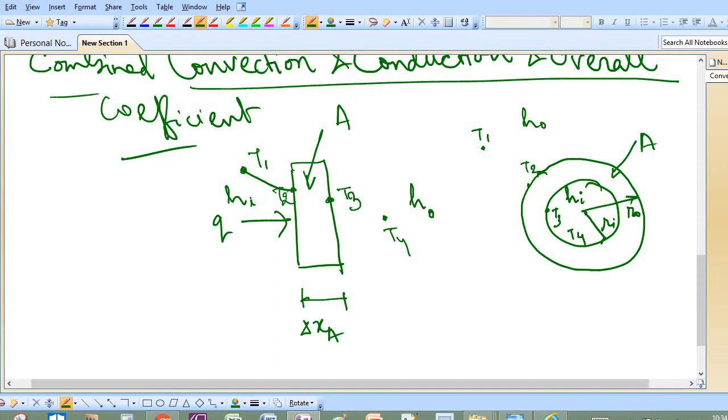So here is our convective heat transfer, then again conductive heat transfer, then again convective heat transfer. Similarly, in the cylindrical wall we are having convective heat transfer, conductive heat transfer, again convective heat transfer.